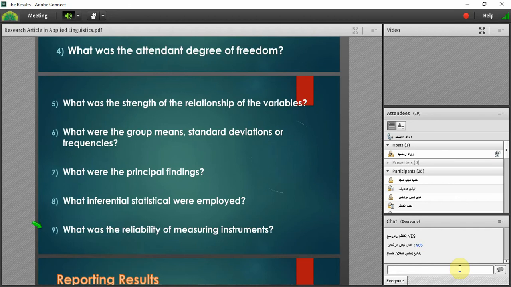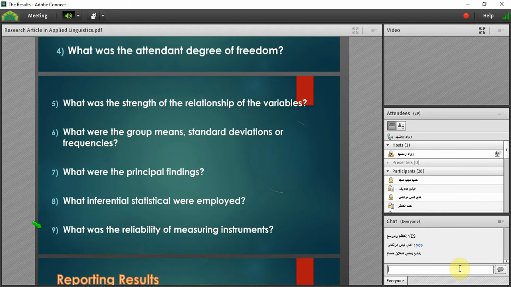For example, if you have used a test for your study, you may tell the readers that you have piloted this test before using them for the main participants of your study. This is one of the ways that you can calculate the reliability of a measure.